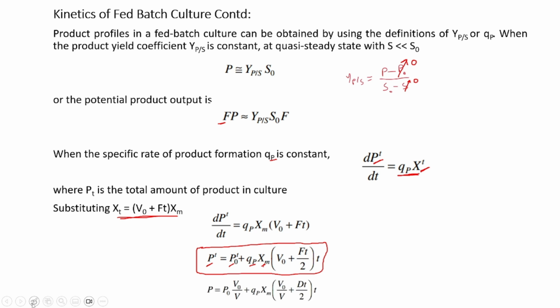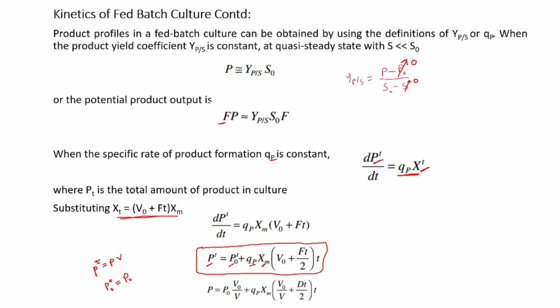Now suppose they want the final product concentration. How do we get product concentration? Pt, the final amount of product, is actually P into V, and the initial amount of product is Pt0 is equal to P0 into V0.